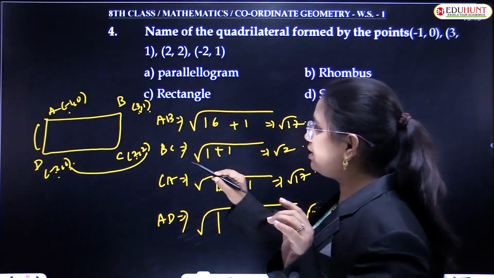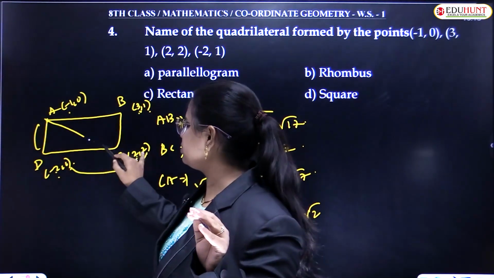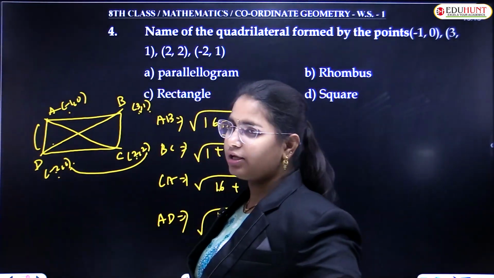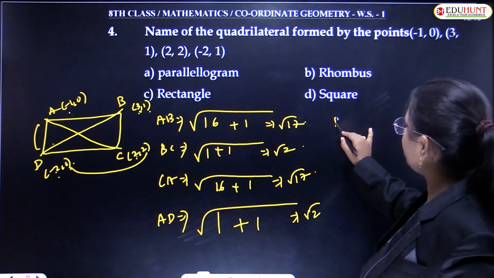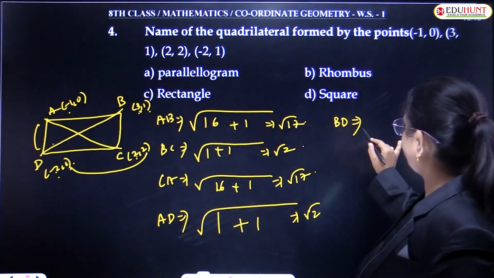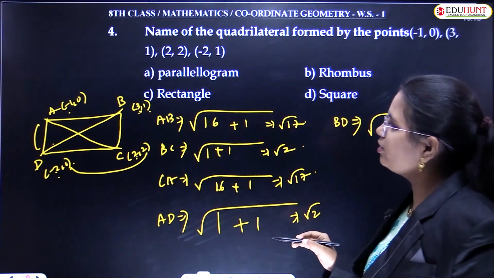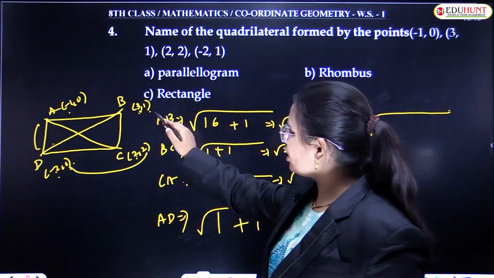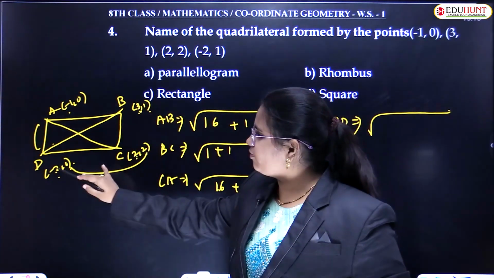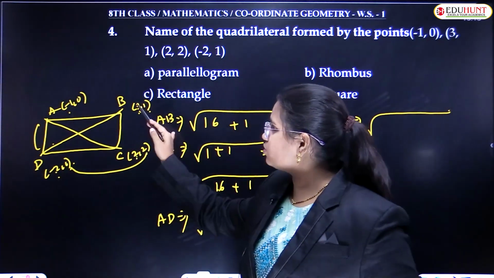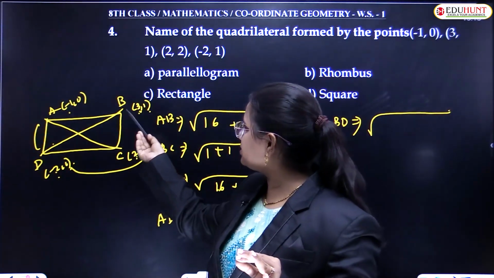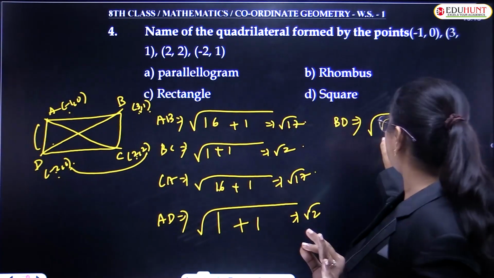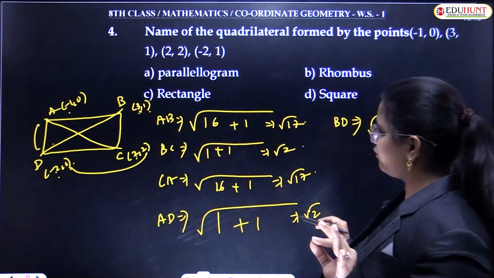So let me calculate the diagonals also. What is the diagonal here? BD. Calculate the diagonal side BD here. 3 minus of minus 2 or minus 2 minus 3, x2 minus x1. Minus 2 minus 3 is minus 5 whole square, which is 25.